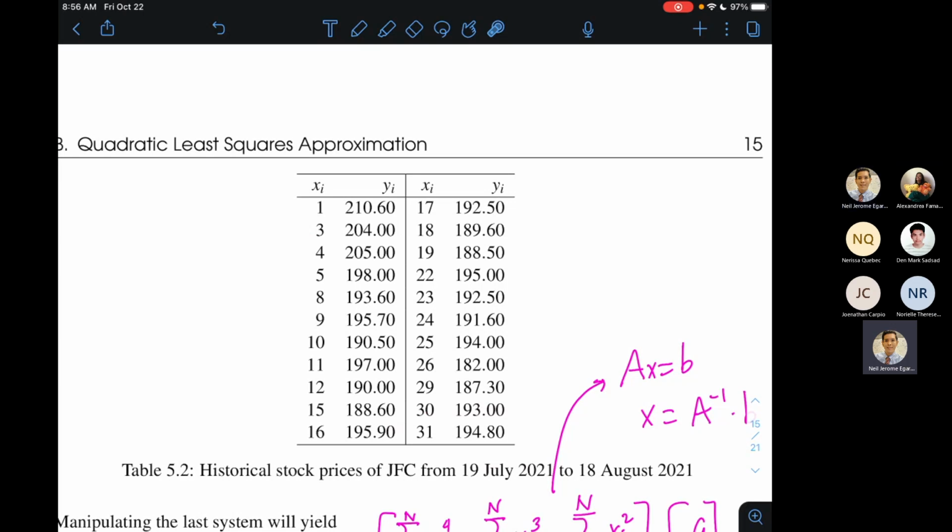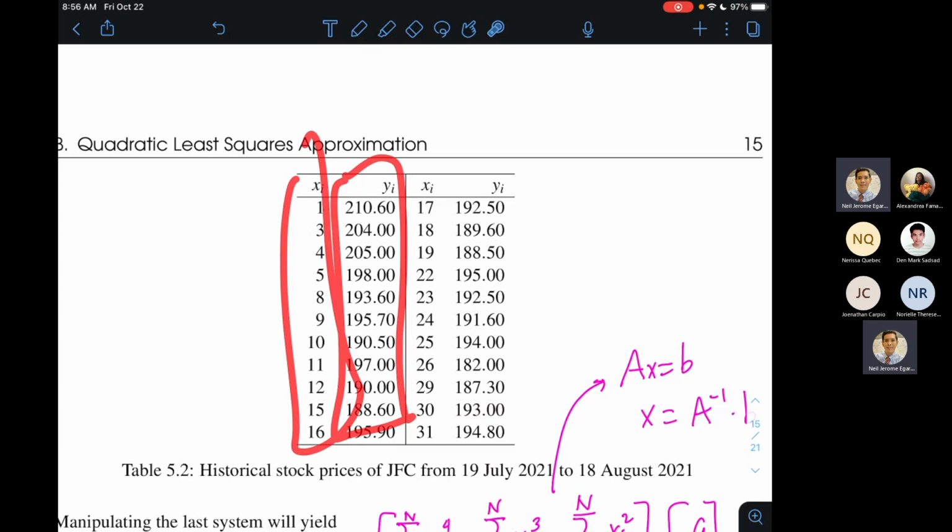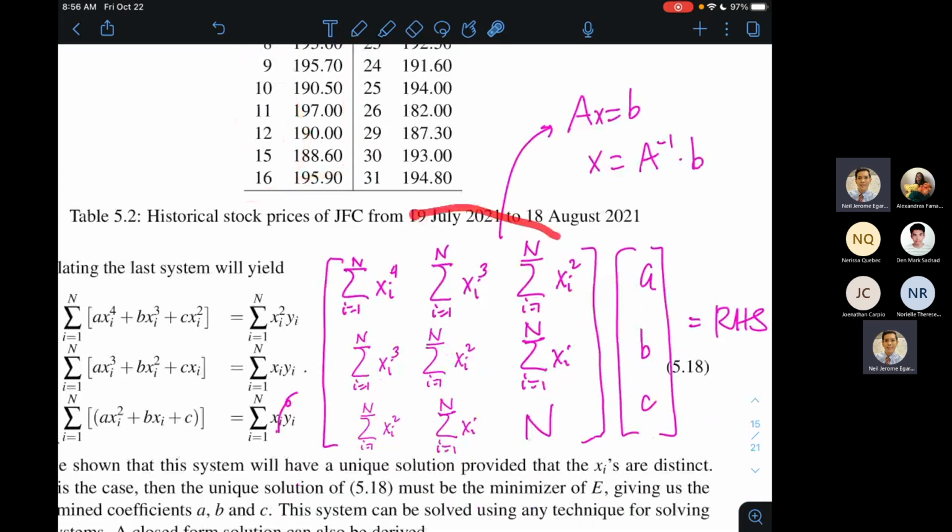Right? So here are the x's, these are the y's. Using these values, I can construct this coefficient matrix. And I can also compute the right-hand sides. Lahat ng information nasa atin na. So nawawala na lang talaga yung A, B, C, which we expect to compute as the solution of this linear system.